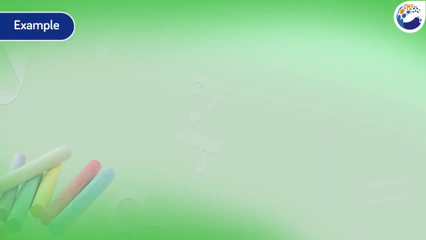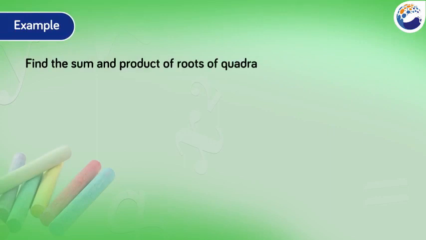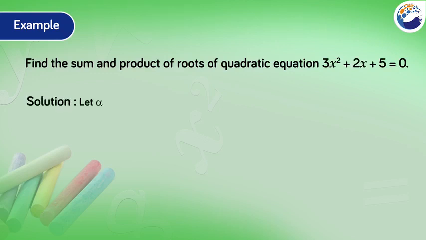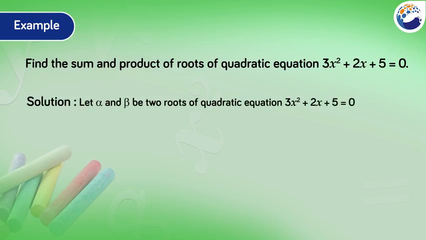Examples. Find the sum and product of roots of the quadratic equation 3x square plus 2x plus 5 is equal to 0. Let alpha and beta be the two roots of the quadratic equation 3x square plus 2x plus 5 is equal to 0.